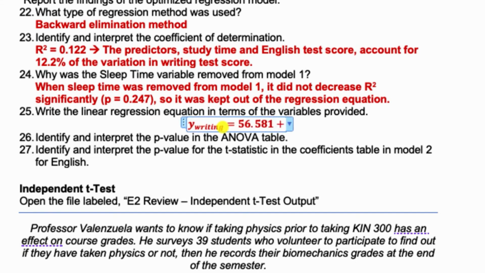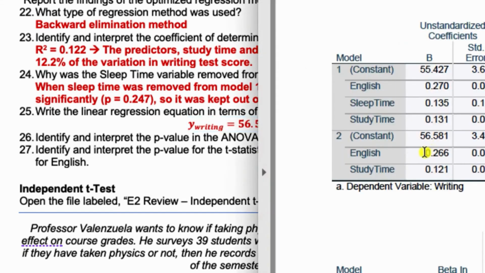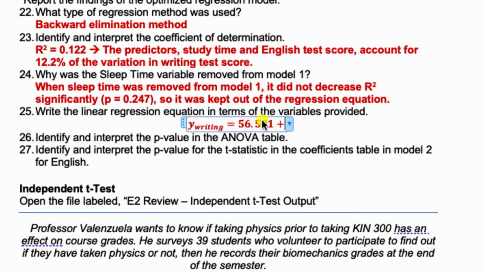Then we add the next variable listed, which is our English score. So we have 0.266 times some x for the English test score. So plus 0.266 times some x for the English score.